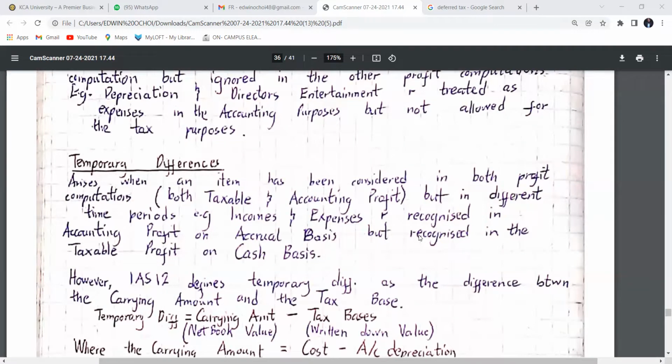But for taxable profit, they are recognized on cash basis. So if it's expenses, you will only recognize once they are paid. If it's incomes, you recognize once you receive them.